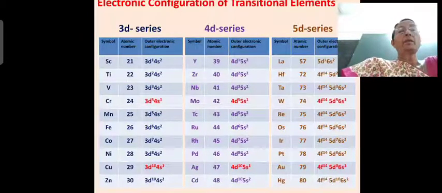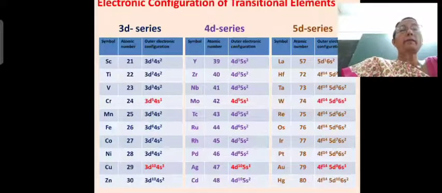Completely half filled is 3d5, just half of that, 10 half is 5, so it will acquire half filled structure in the case of chromium, correct? That's why it will have configuration 3d5 4s1. So that is the most stable configuration, that's why it has been given in red color, so that you will understand why it has got that configuration.